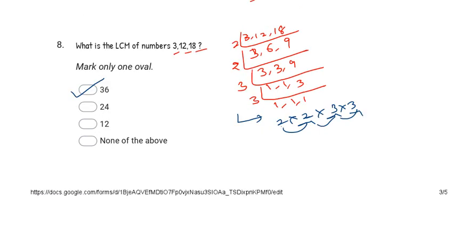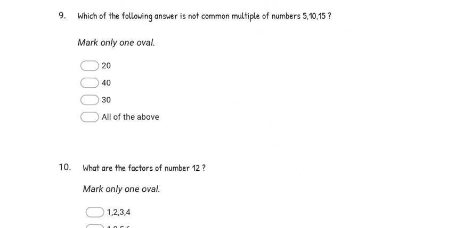Clear? So next problem is, which of the following answers is not a common multiple of 5, 10, 15? So first write the multiples of 5: 5, 10, 15, 20, 25, 30, 35, 40, 45. Clear?